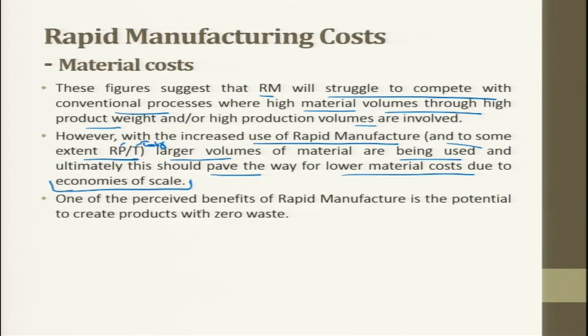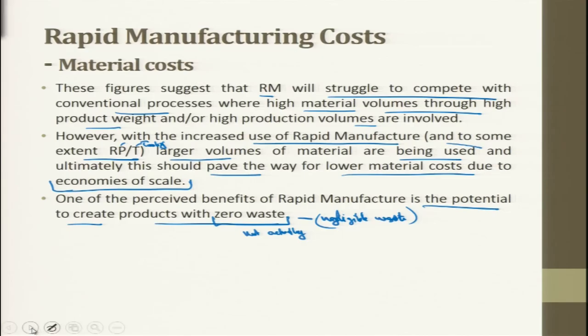One of the perceived benefits of rapid manufacture is the potential to create products with zero waste. This is not actually zero waste, but negligible waste. Zero waste is never possible. There are always supports and some other things that are wasted.